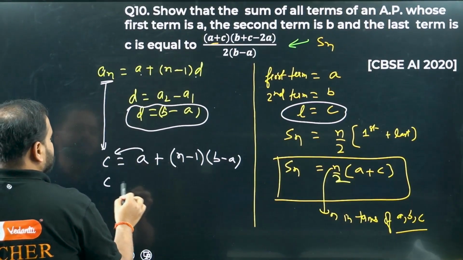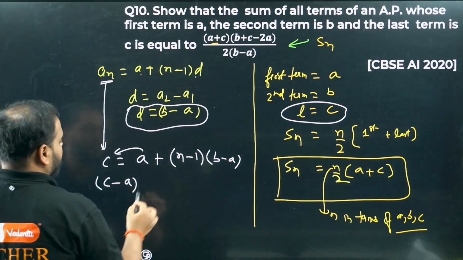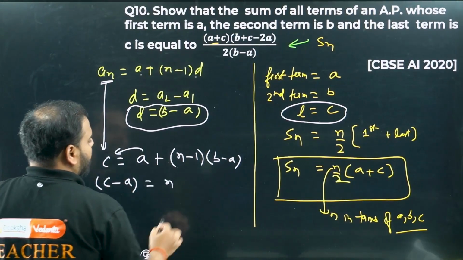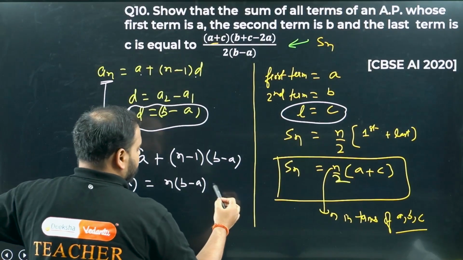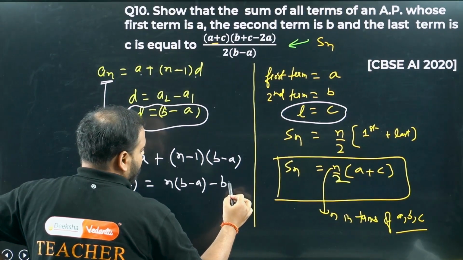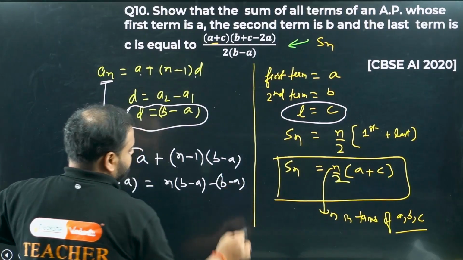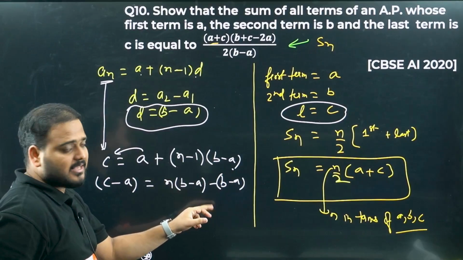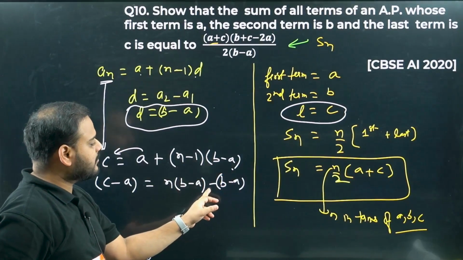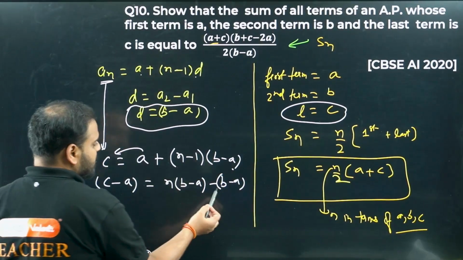What I'm going to get is C minus A equals n times B minus A, minus B minus A, like this. Check here. B minus A times n, so n times B minus A, and B minus A times minus 1, so minus B minus A. So bring this whole thing over here.